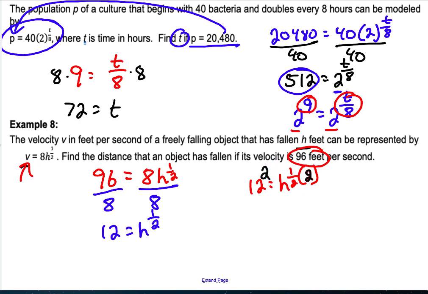So I was multiplying by an exponent of 2 on one side. I made it an exponent of 2 on the other side. So 1/2 times 2 is just 1, or h. 12 to the second power is 144. So it would have fallen 144 feet if it had a velocity of 96 feet per second.